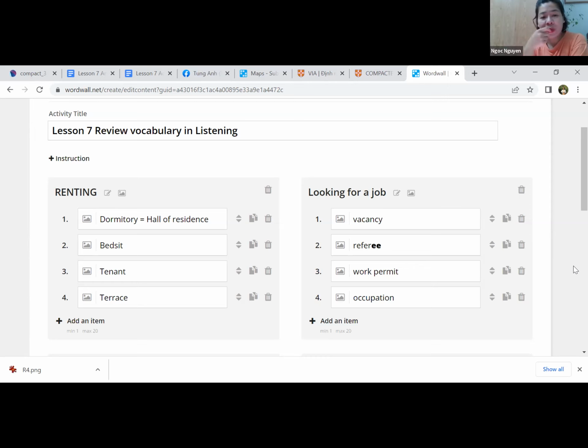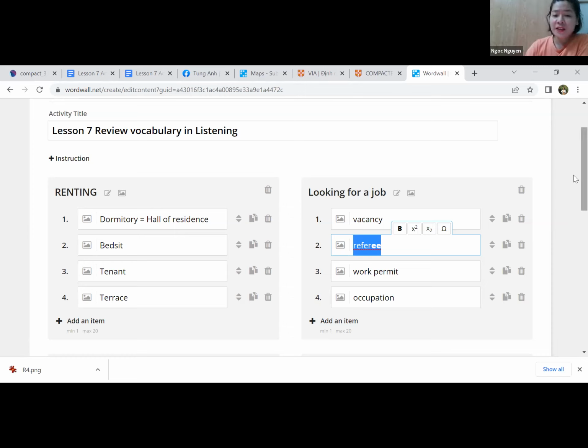Everybody, the word referee is actually that, but that's definitely not the context of looking for a job, right, Ling? In the context of playing sports, a referee is a person who controls the games, and he may give a football player a red card or a yellow card, or make the decision to send a football player out.